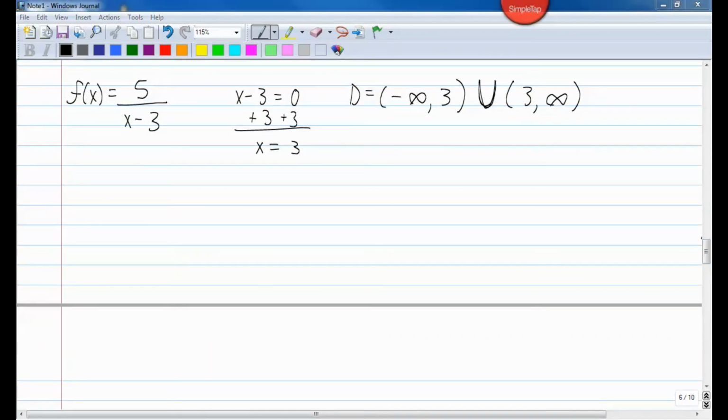Alright. So no matter what the denominator is, if you have a denominator, you need to figure out what would make that denominator equal to 0. Okay? Because that's restrictions on our domain.